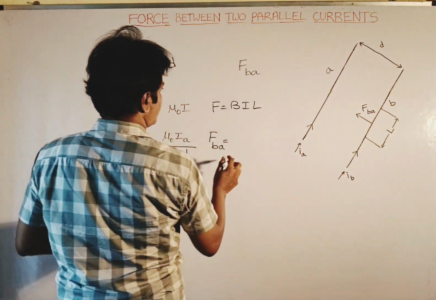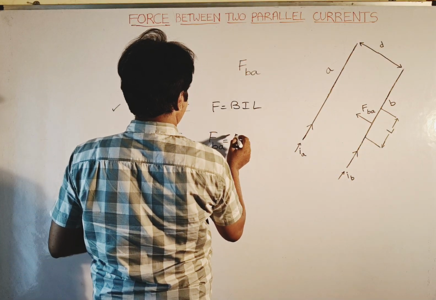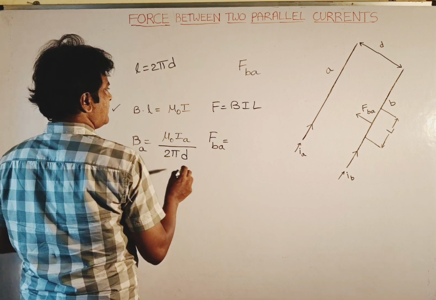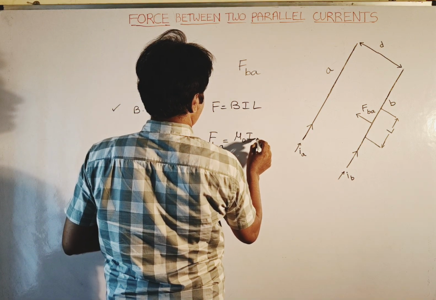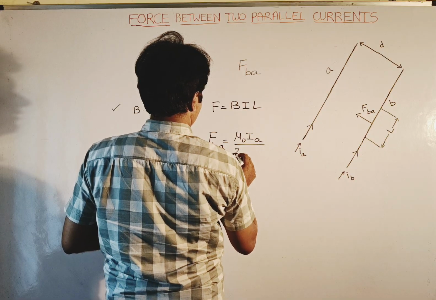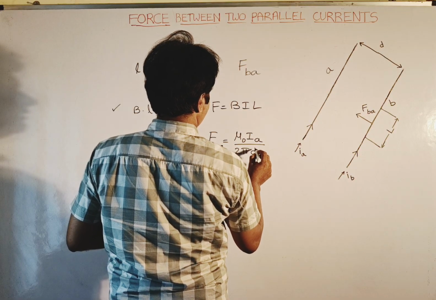So magnetic field generated by A, we write it as BA, that means mu naught IA by 2 pi d.